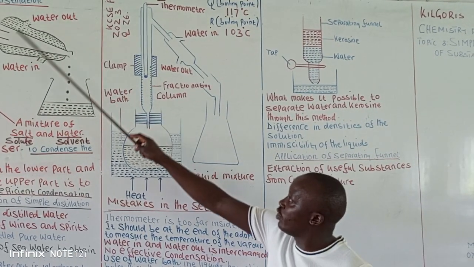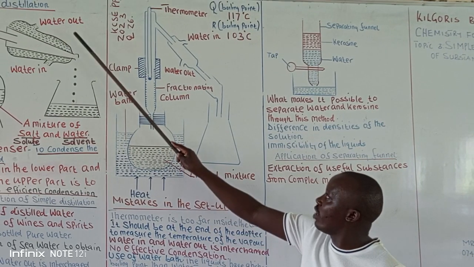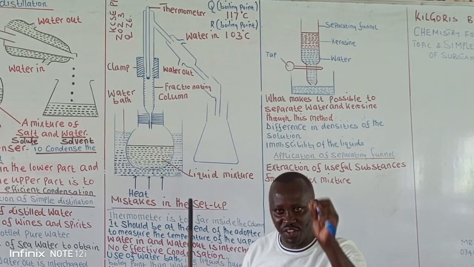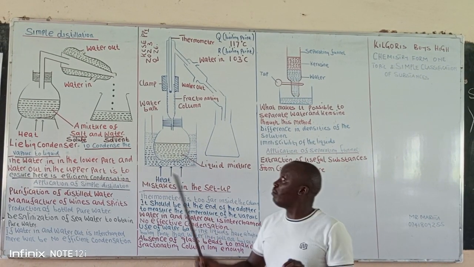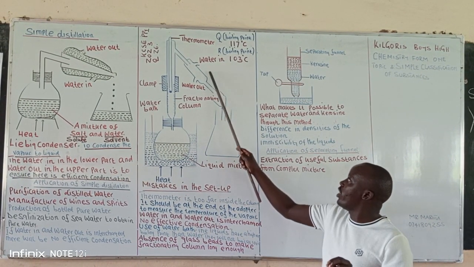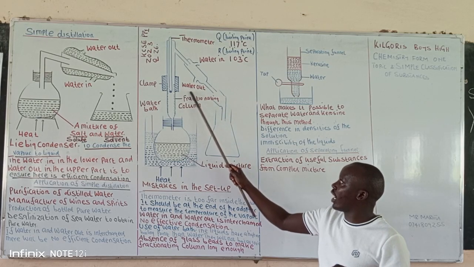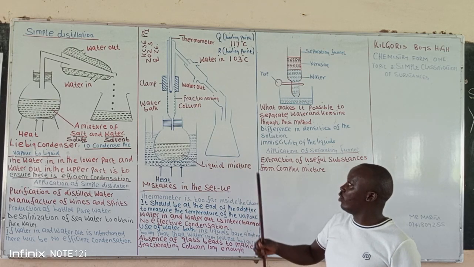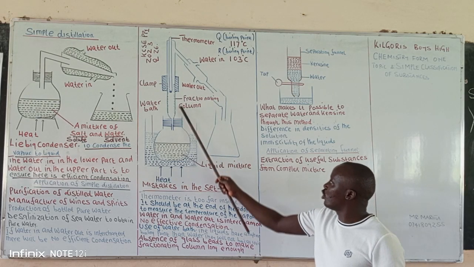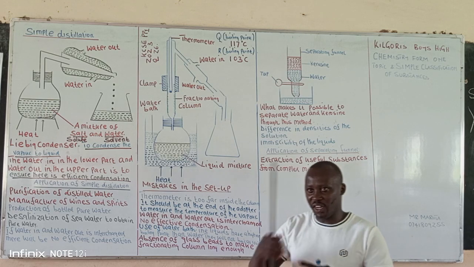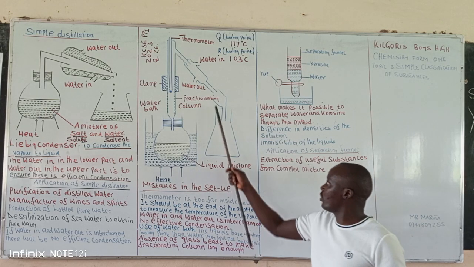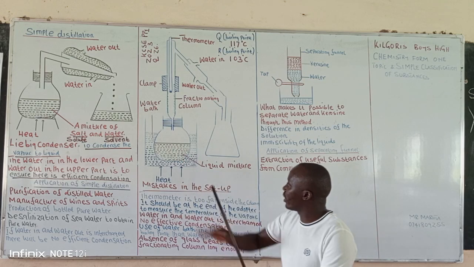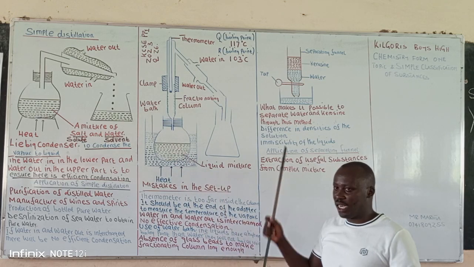You can check what we have from the simple distillation here: we have water out here and water in for efficient condensation and efficient vaporization. But in this case, we have water in at the upper part and water out from the lower part. We also have the fractionating column here, then the water bath, and then we have a liquid mixture.